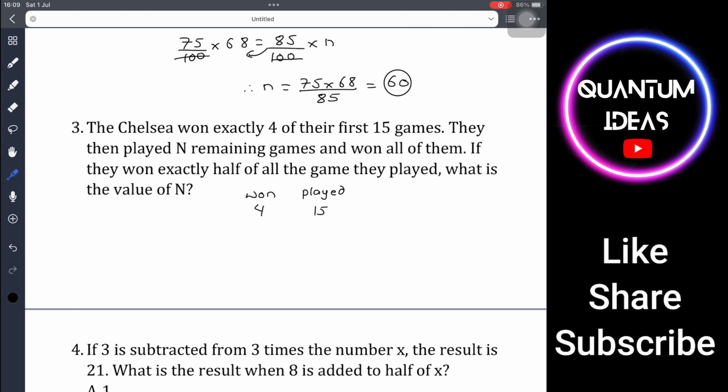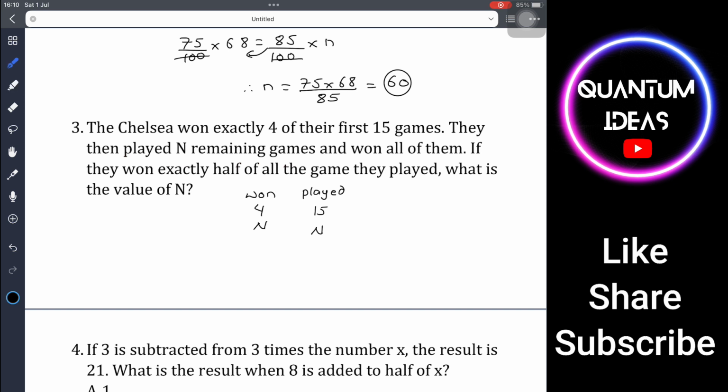Then they played n remaining games. That means they played their remaining n games and won all of them. That means they played n games and won n games.